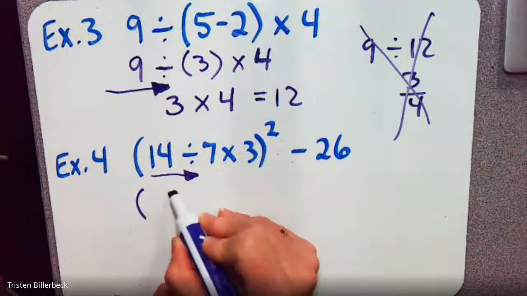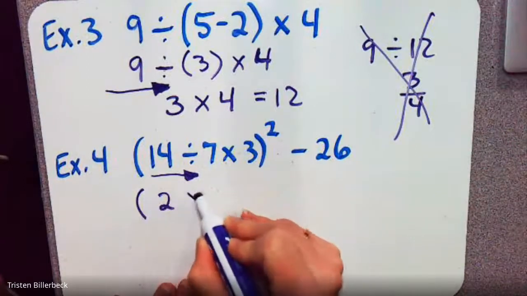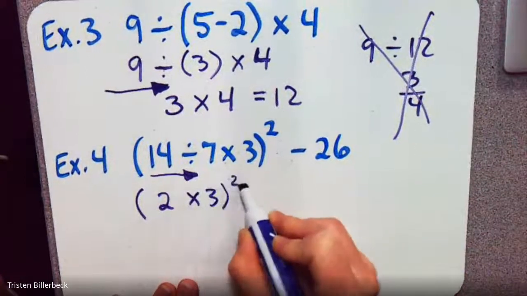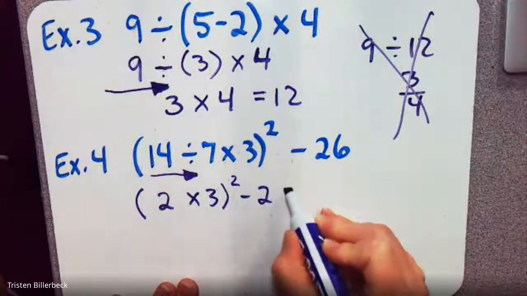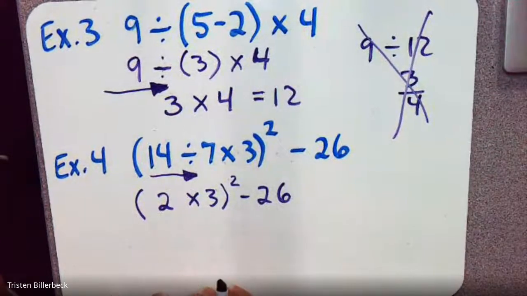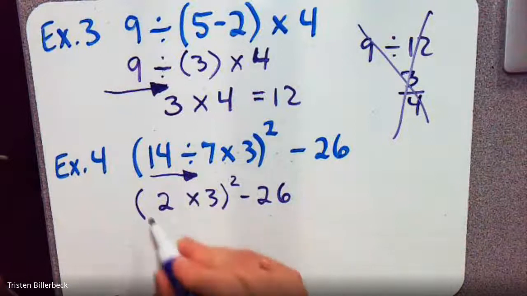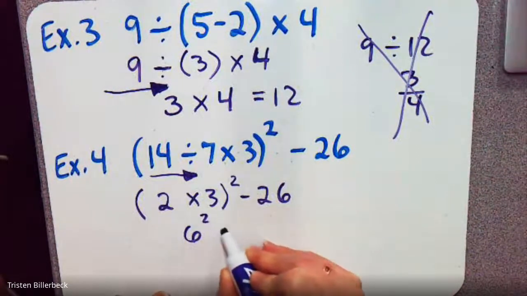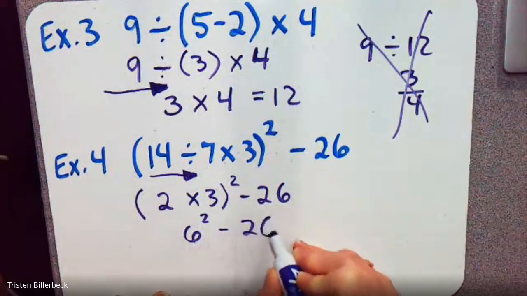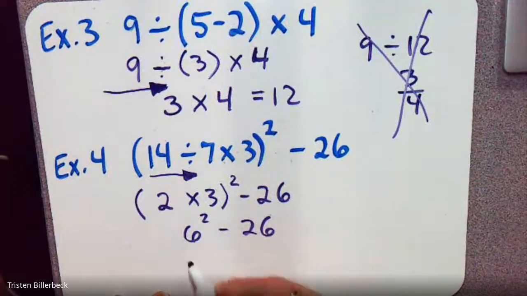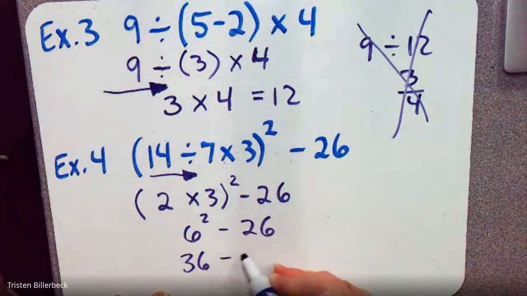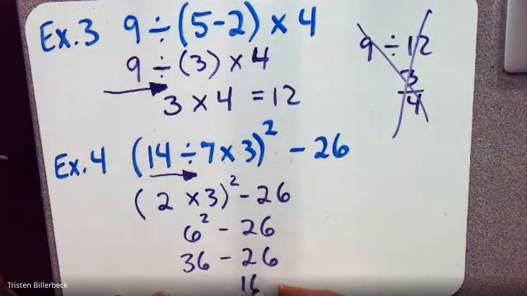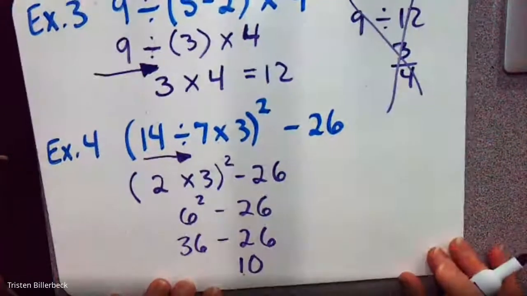So the first thing we do is 2 times 3, squared, minus 26. So 2 times 3 is in parentheses, so we do that first. So we have 6 squared minus 26. And then 6 squared is 36, minus 26, and then we just get 10. So that's how we do that.